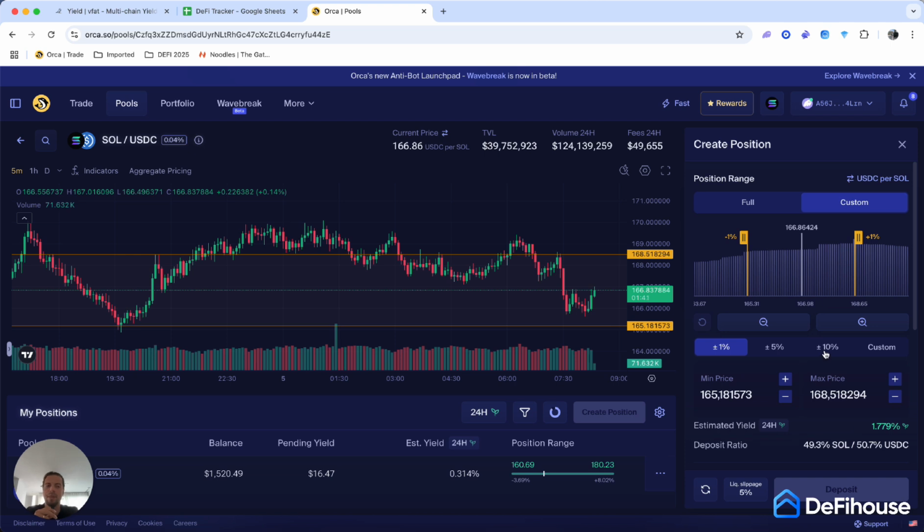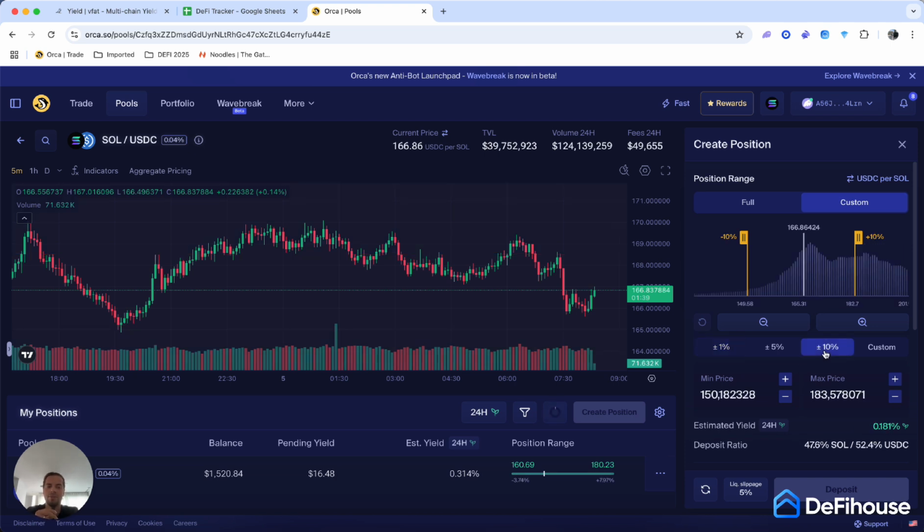Let's say 10% range from current price. So this will be 150, 183. In this case, your estimated fee yield is 0.18%. Let's assume 0.2% per day, which is not that much, but it's about 5 to 6% a month, which matters a lot, right?